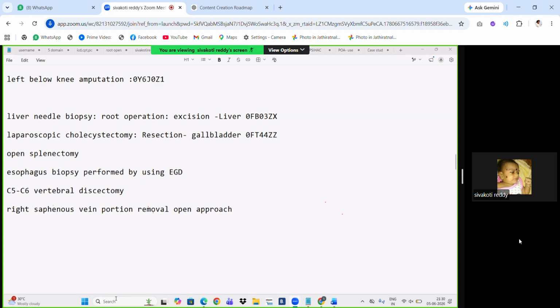I have the PCS book. Once again, let me check the ICD CM book. Yesterday only I shared it. On Wednesday I also gave the ICD-10 CM sequence rules, ICD chapters, ICD videos to watch, and an ICD mock test.